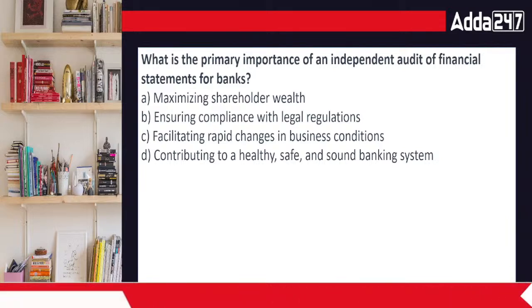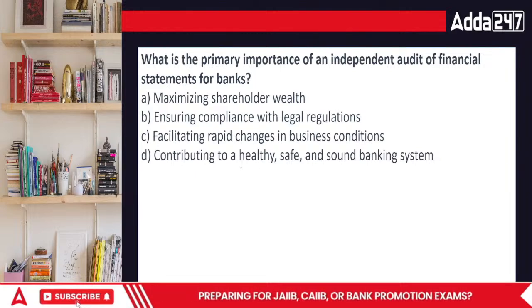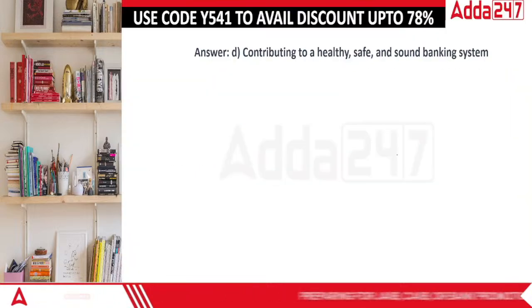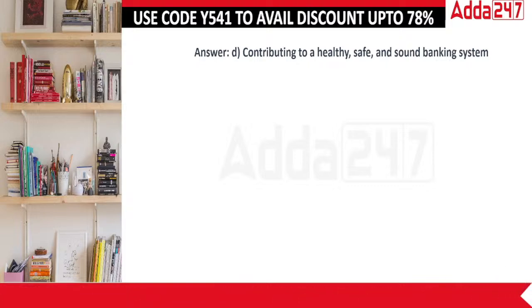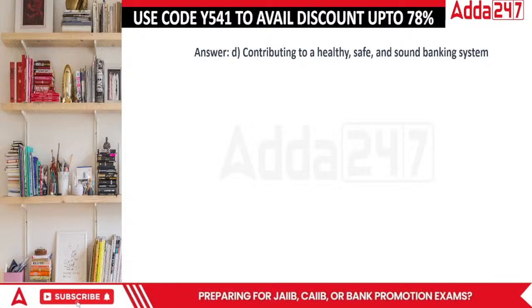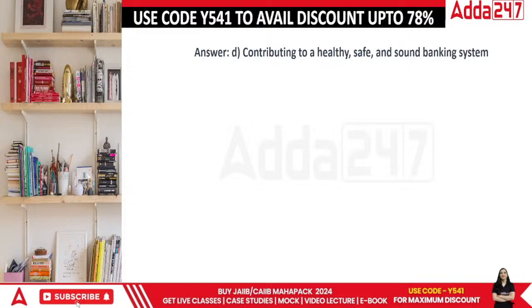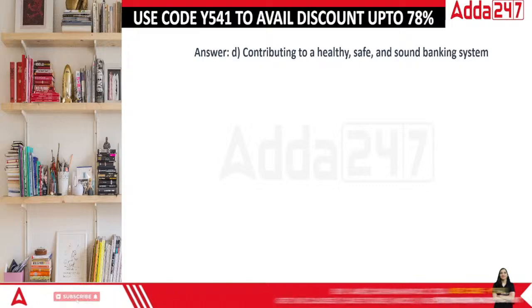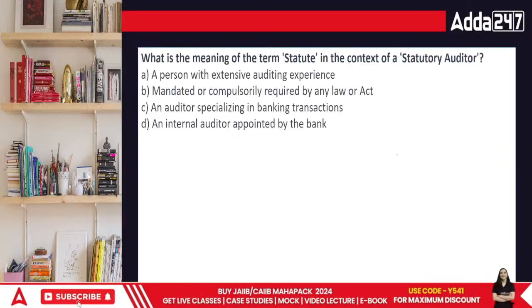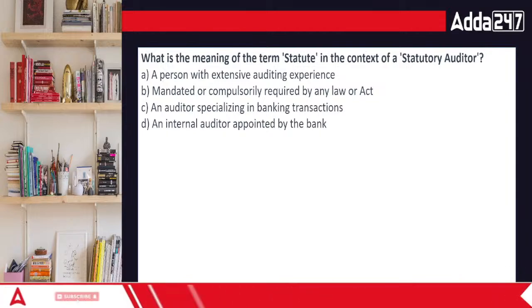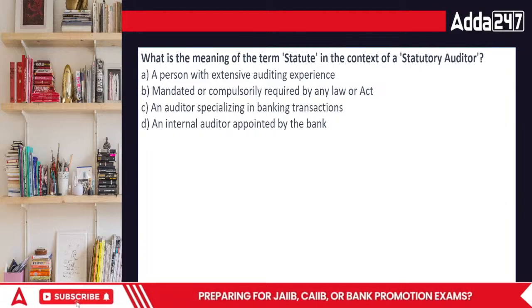So he is basically contributing towards a healthy, safe, and sound banking system. When he's reporting things, telling things, asking for things, that is important. So the answer is contributing to a healthy, safe, and sound banking system. The banking system has definitely gone through major changes, but it is still currently having a little more stability, right?